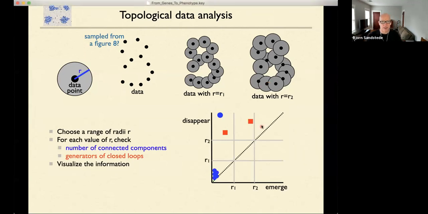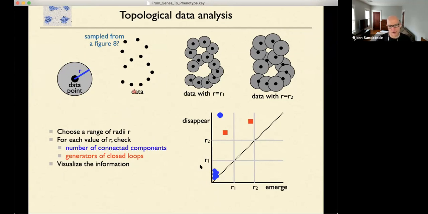If I change this entire set of radii, I can use a diagram like the one shown here on the right to quantify when certain features emerge and when they disappear. For each radius, I'm going to check the number of connected components, which you see at the bottom, and then I check when they disappear. For very small radii, I have lots of connected components.